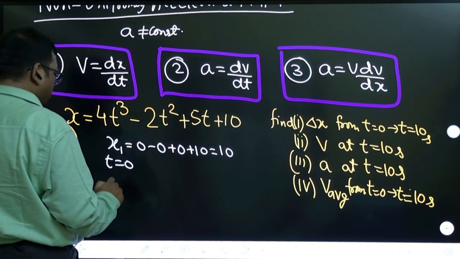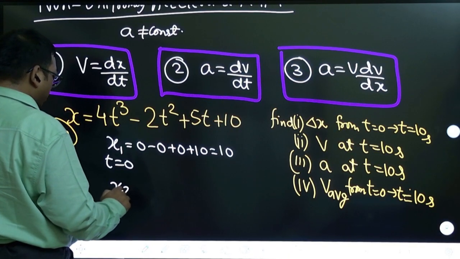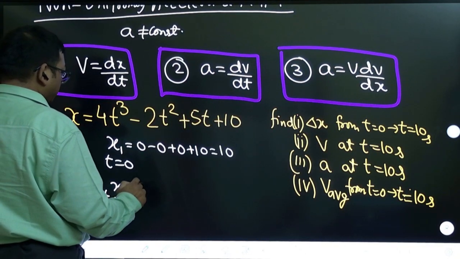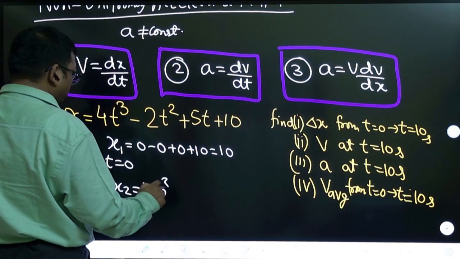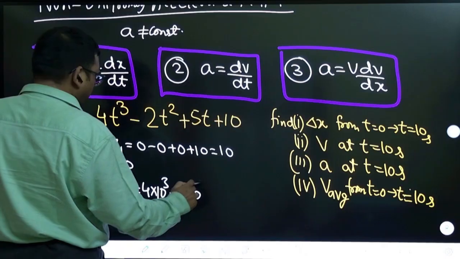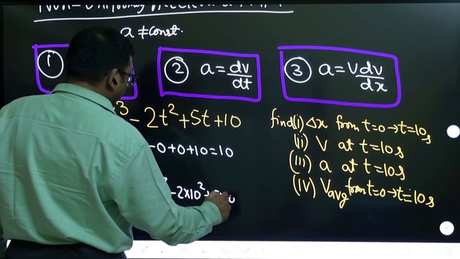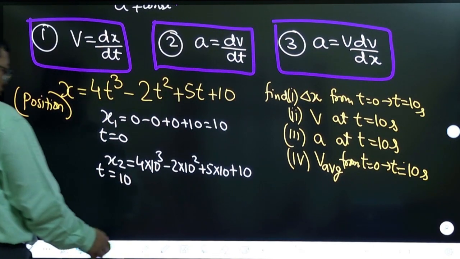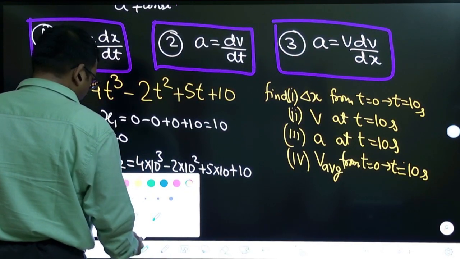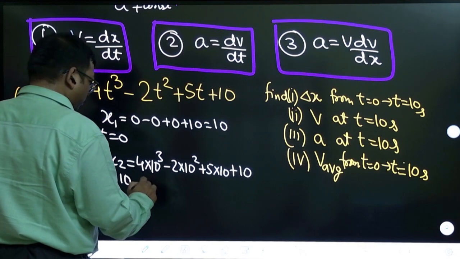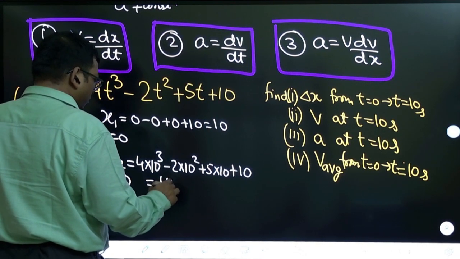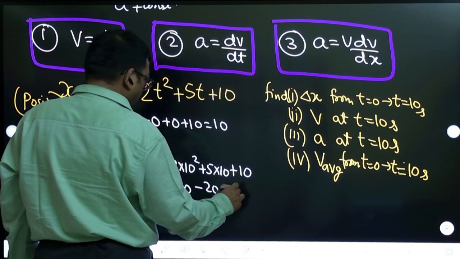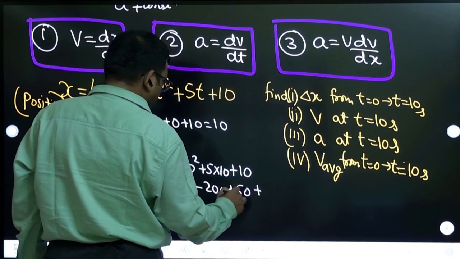What is the final position? x2 you calculate when time is 10. So this is 4 into 10 cube minus 2 into 10 square plus 5 into 10 plus 10. You need to subtract. 4000 minus 200 plus 50 plus 10.